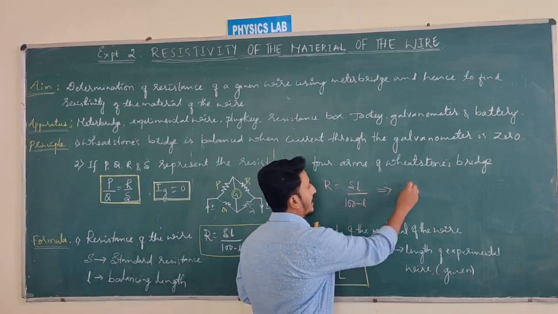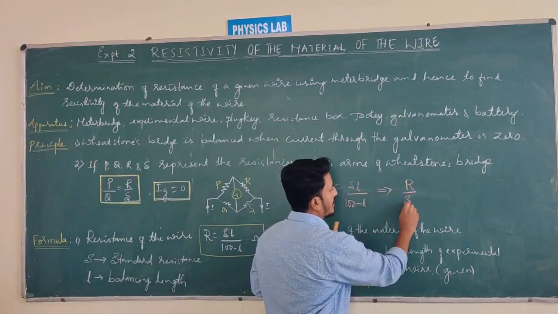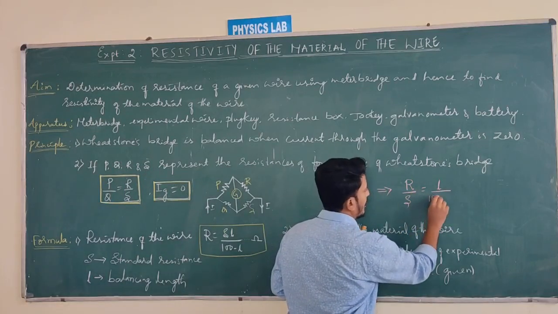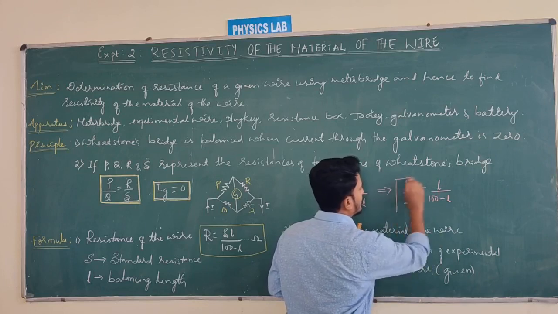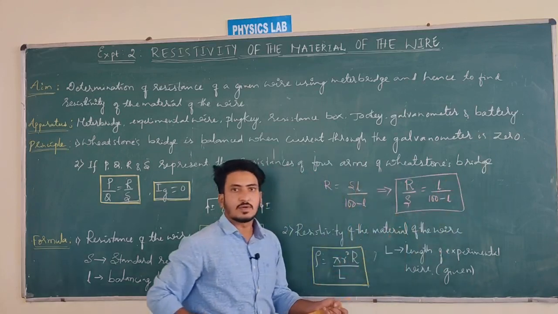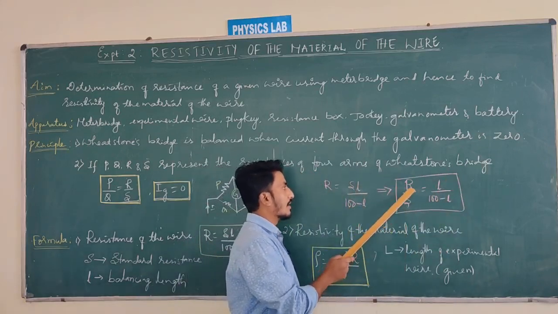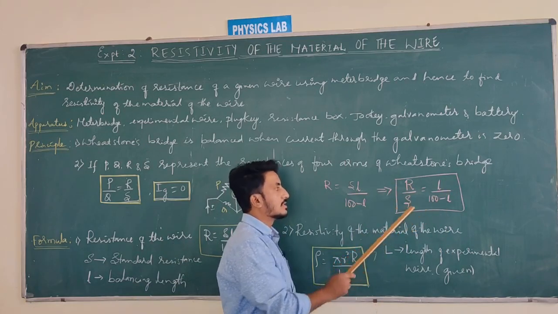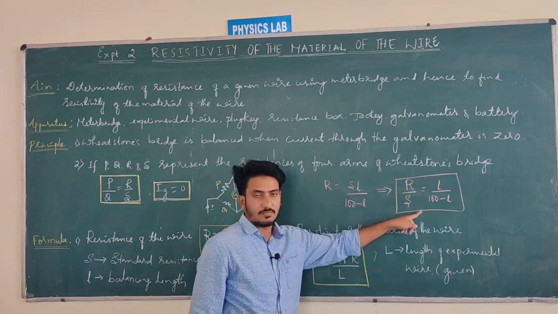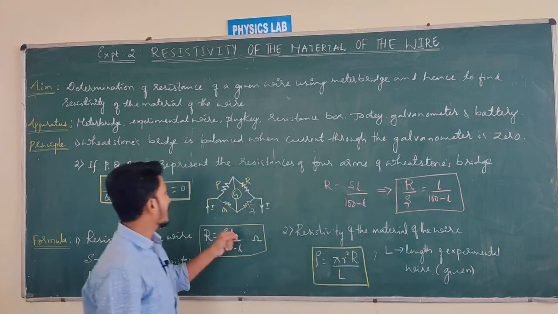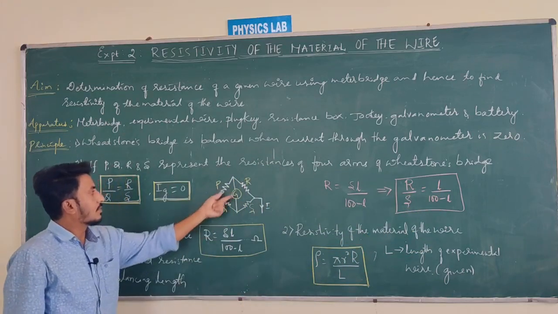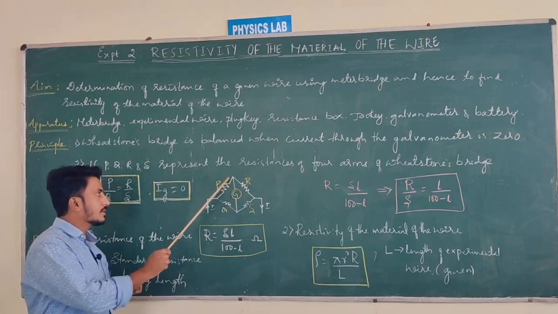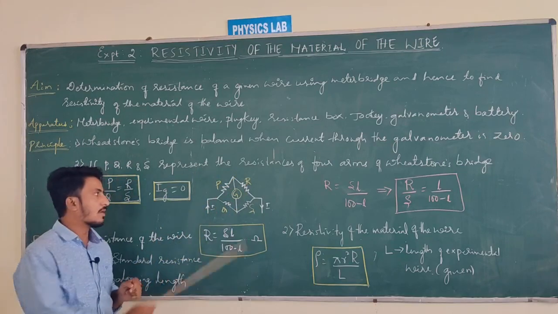I can rewrite it as R by S equals l divided by 100 minus l. So these are the resistors, R, S, l and 100 minus l, the 4 arms of the Wheatstone bridge. Whenever P by Q is equal to R by S, the current through the galvanometer is going to be 0, because there will be the same potential on both sides.